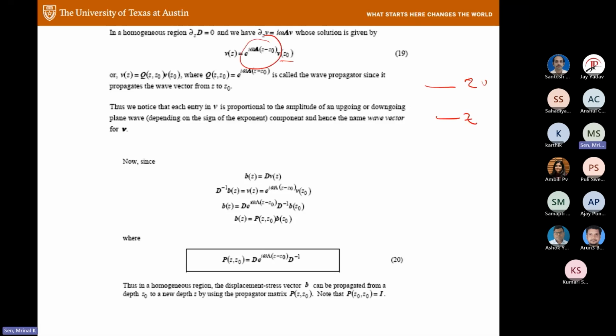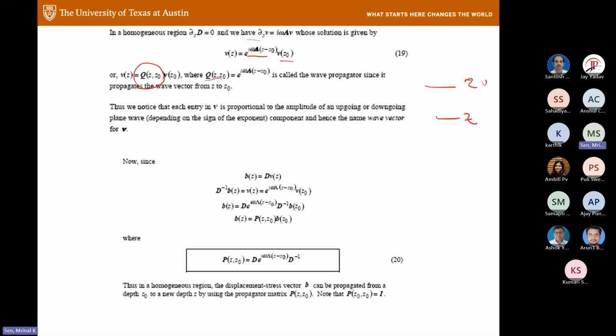And this is essentially looking like a phase shift, except that I haven't told you what the eigenvector and eigenvalue matrices look like. So then we can define this whole thing as a wave propagator. I'll call this my Q. So then I can go from V z naught to V z using this wave propagator Q.